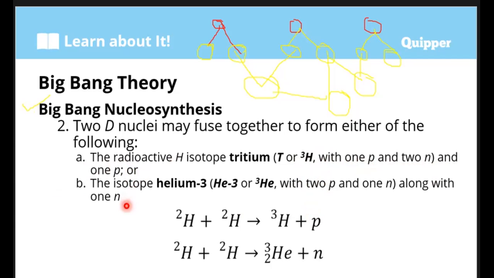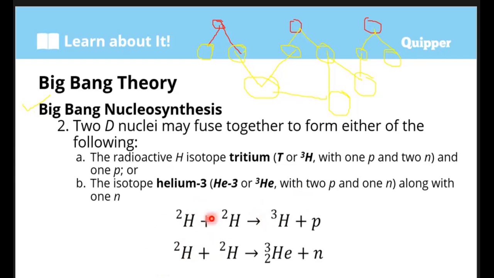Or the deuterium might also form helium-3, or He-3, the symbol for helium, with 2 protons and 1 neutron. So this is the formation of the tritium and the helium. So these might be the products of the two deuterium.